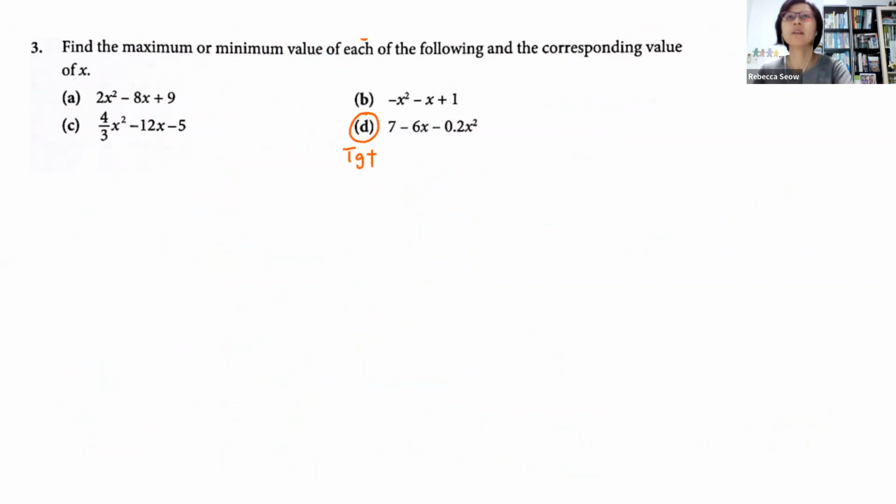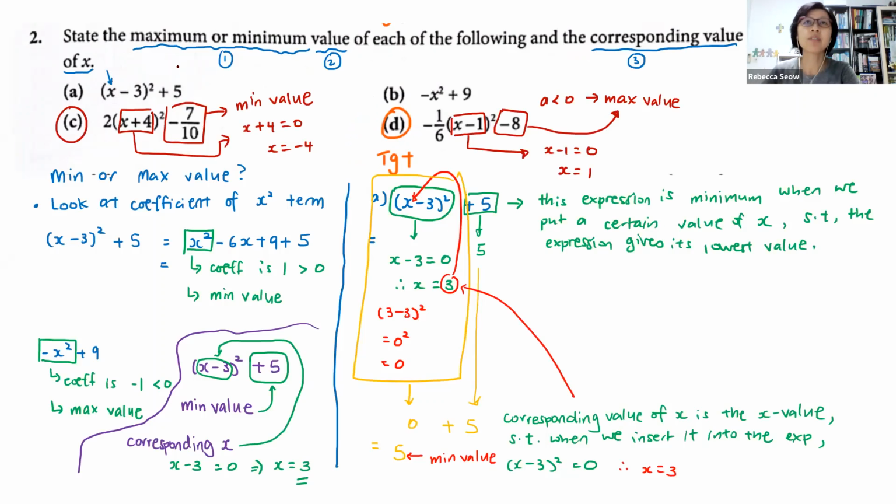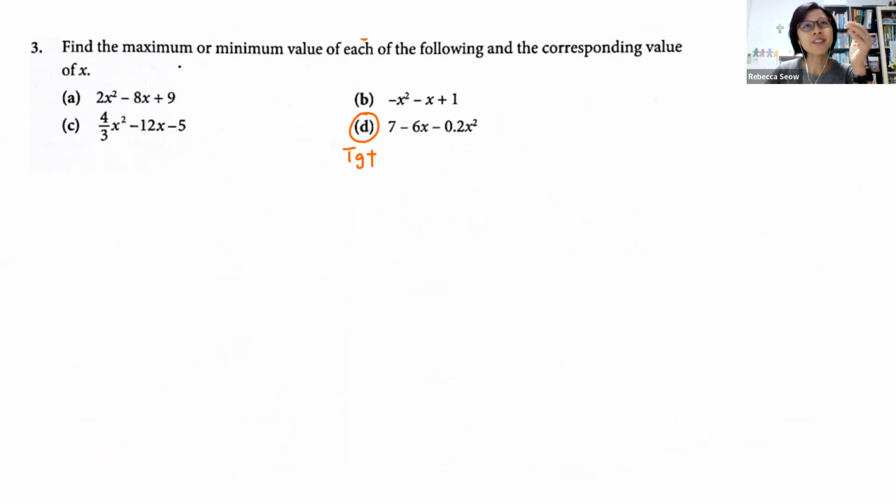Next, moving on, find the maximum or minimum value of each of the following and the corresponding value of x. So you realize that these questions here are very similar in terms of instruction to the previous one. The only difference is that for question 2 here and question 3 is written in ax squared plus bx plus c.